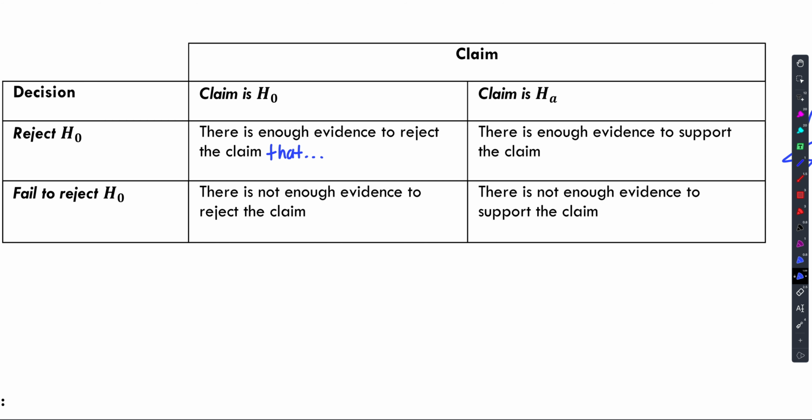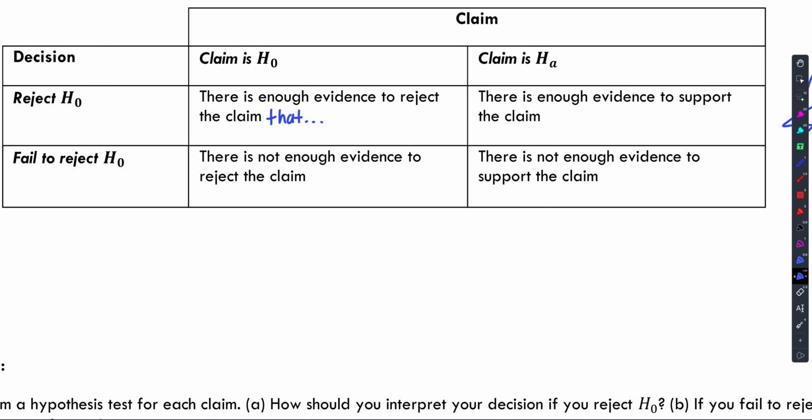If the claim is the null and you reject the null, then you say there is enough evidence to reject, which makes sense because you're rejecting the claim, which is H0. If you fail to reject the null hypothesis when your claim is the null hypothesis, the only difference in the wording is, there is not enough evidence to reject the claim that, and then you finish.